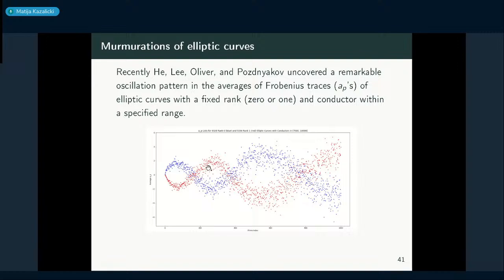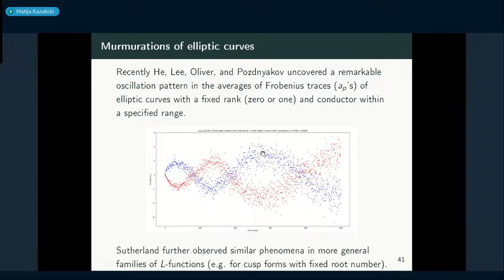What I want you to notice is this very interesting oscillatory pattern in these averages. Sutherland further observed similar phenomena in more general families of L-functions, for example, for cusp forms with fixed root number.